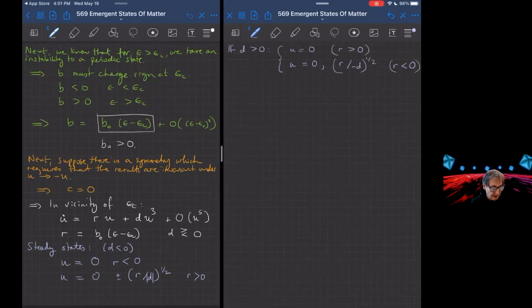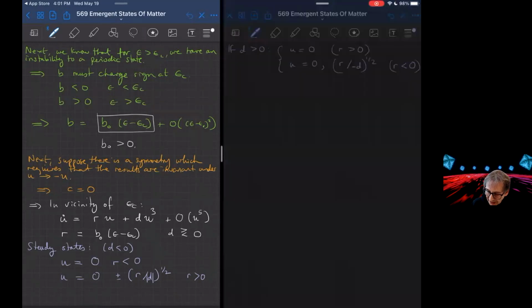So what kind of state we get depends on the sign of d. So let's just draw this as a sketch.